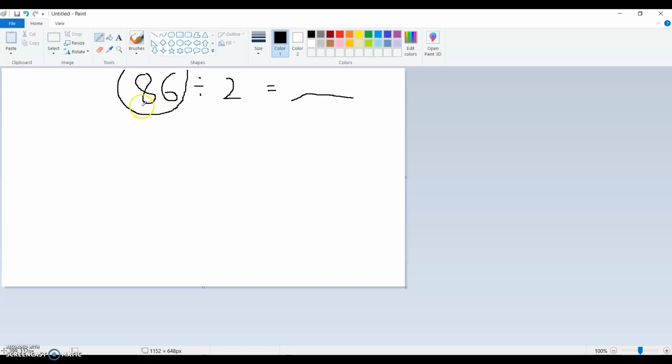Let's start here in the tens place. We have a digit of 8, which means there are 8 groups of 10. 8 groups of 10 means 80 can be one of the numbers we break 86 into. If we then look at the ones column, we see that there is a digit of 6, and 6 ones makes 6.